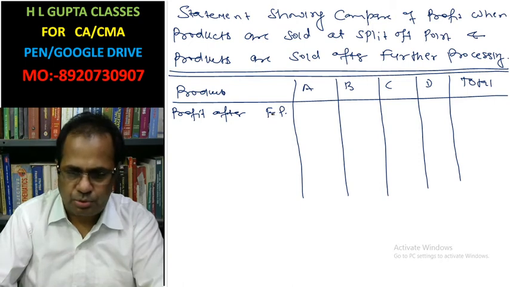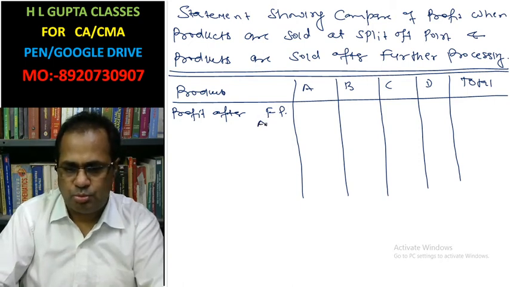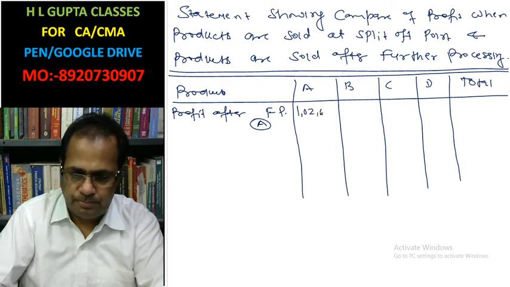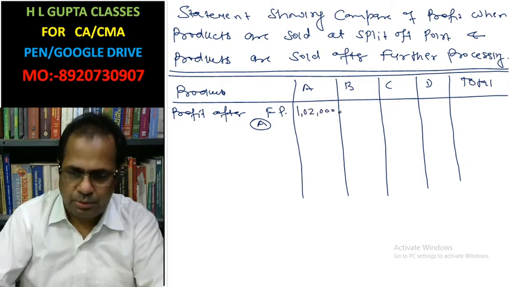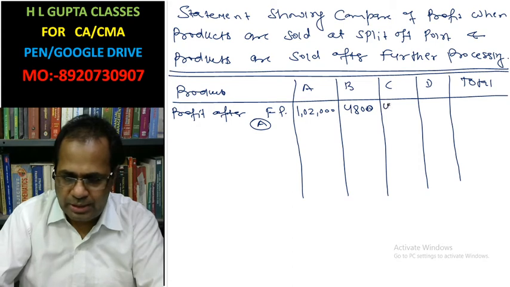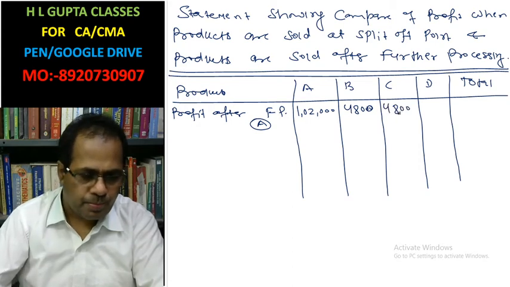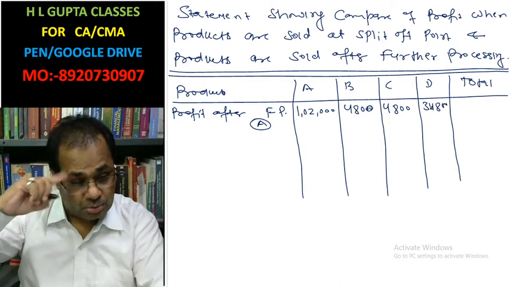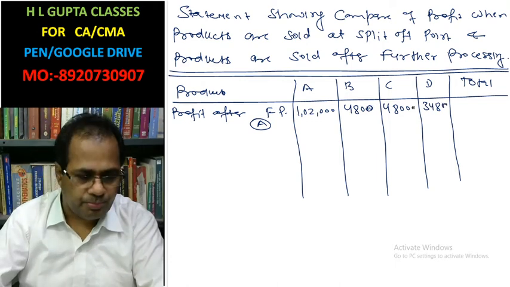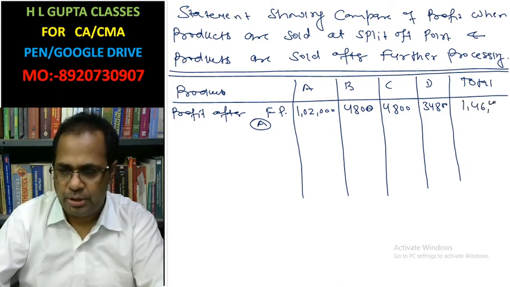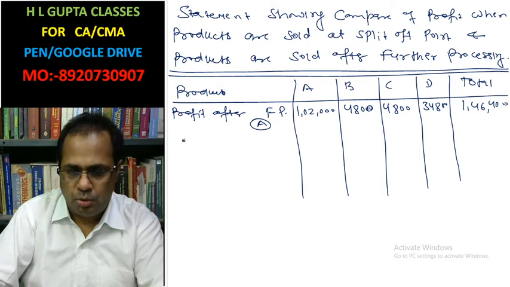This is assumed to be A. 1,02,000. This is 48,000. 4,800. This is also 4,800. 34,800. This is 1,46,400.